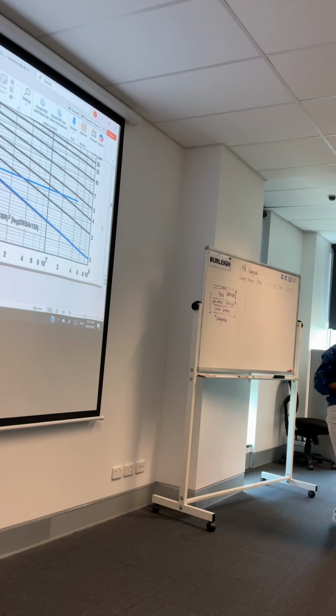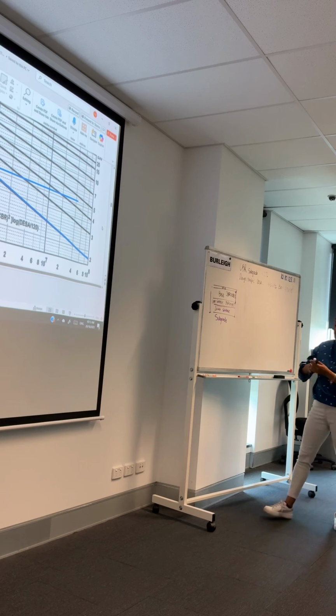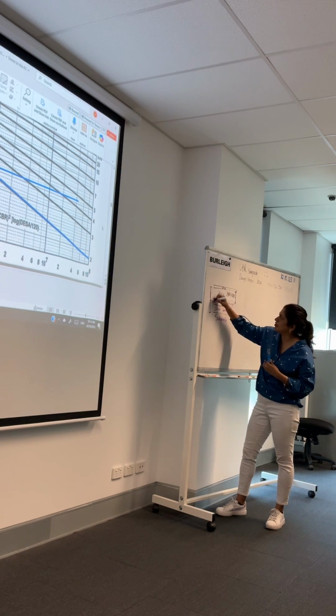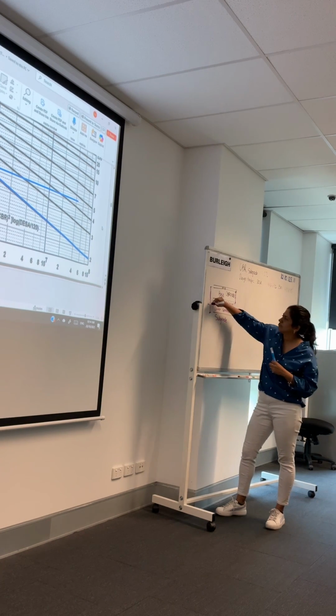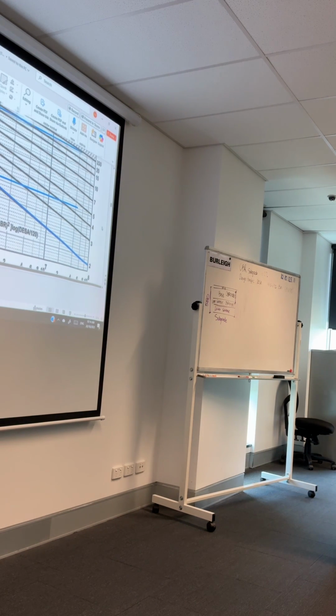Okay, so if that is my graph, how much should be the total thickness that I need to have for my total pavement composition? 580. And how much is going to be the thickness of my base?